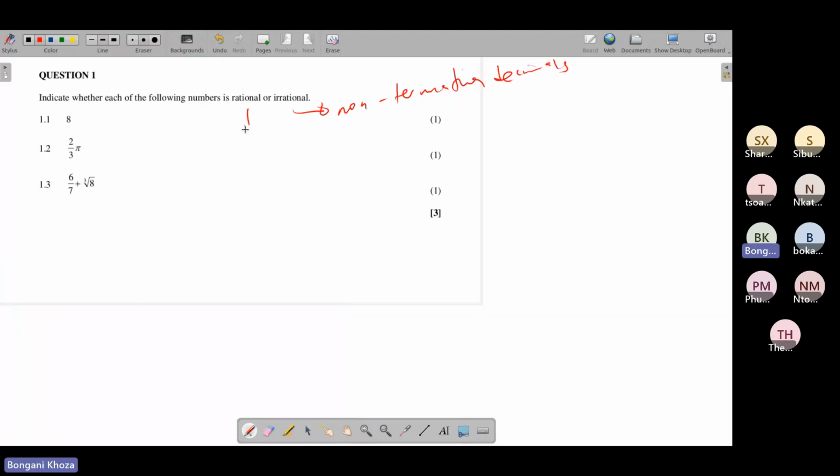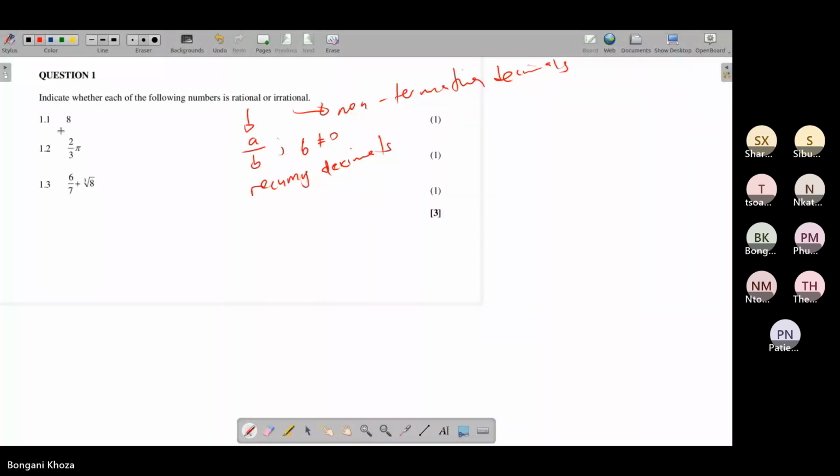For rational numbers, we are looking at numbers that we can write as a fraction where our denominator is not equal to 0. So this includes fractions, also includes recurring decimals. Like that. Right. So now we have to check, is 8 rational or irrational?